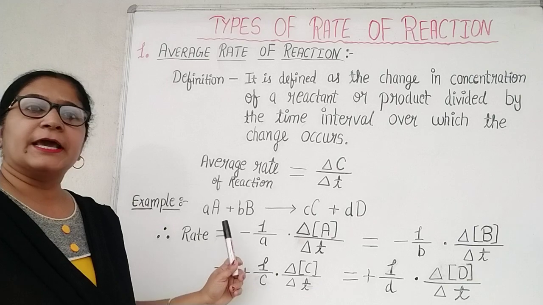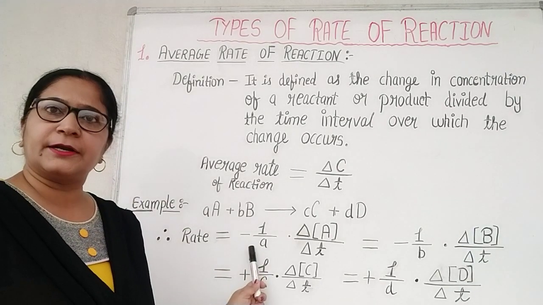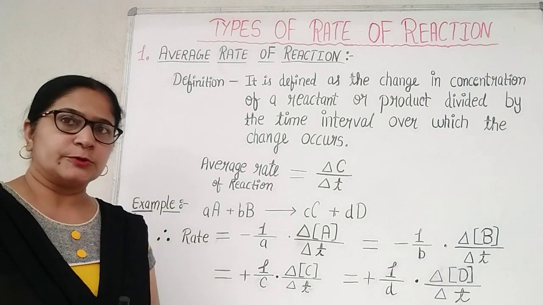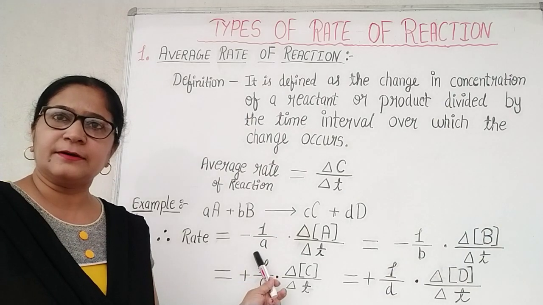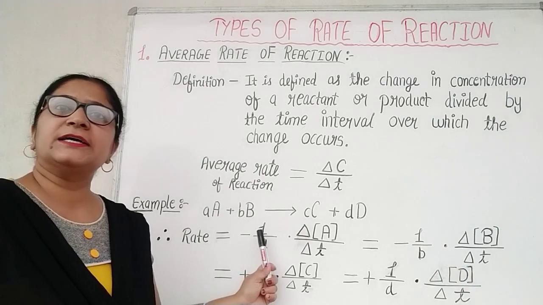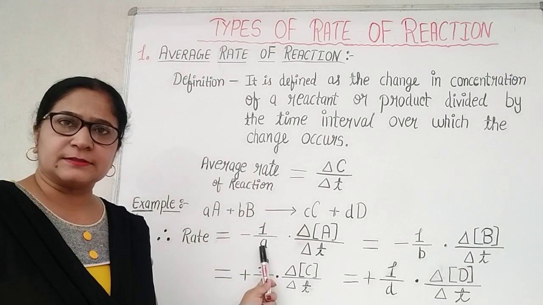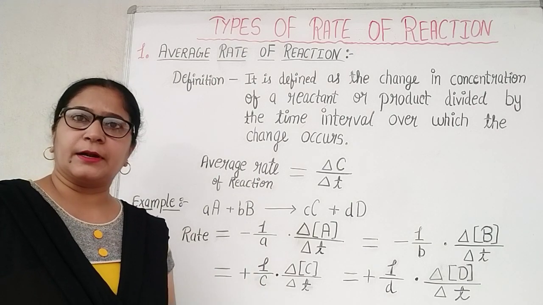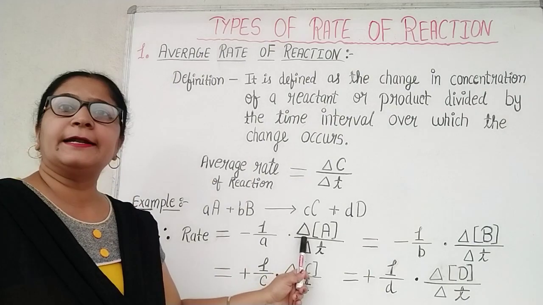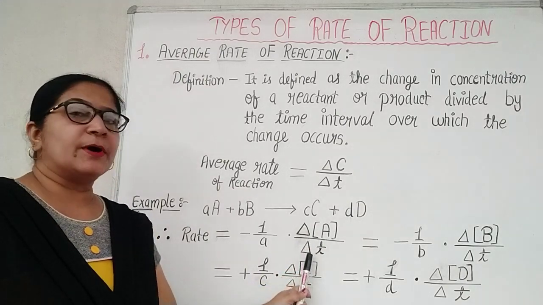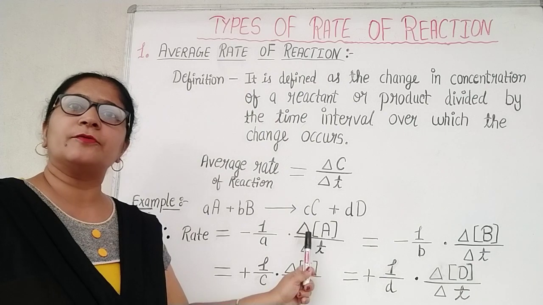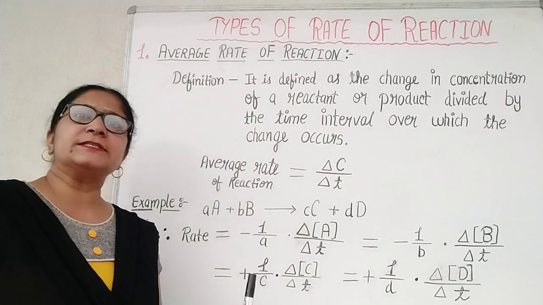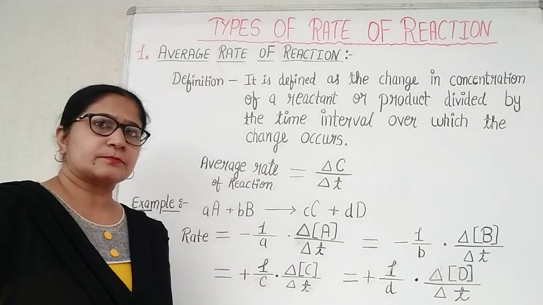It is equal to, since the reactant concentration goes on decreasing and it is related to the stoichiometric value, minus 1 upon small a, and since it is the average rate of reaction, delta concentration of A divided by delta t, that is, divided by the interval of time, which is the final time minus the initial time.